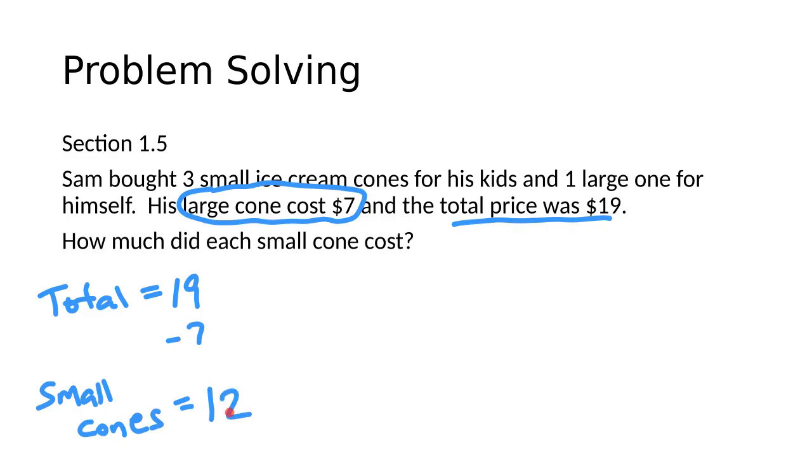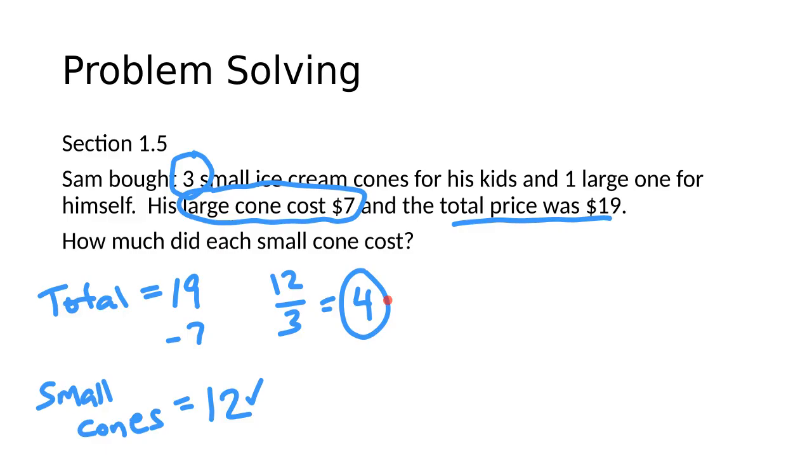And that's just 19 minus 7, just subtracting off the cost of his cone. And then since we were told in this problem that he bought 3 small ice cream cones, and all together they cost $12, we could just take that 12, divide it by 3, and see that the small cones cost $4 each. Perfectly reasonable way to go about solving that problem.